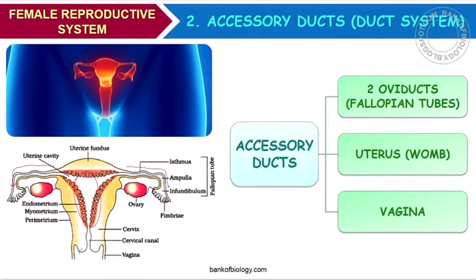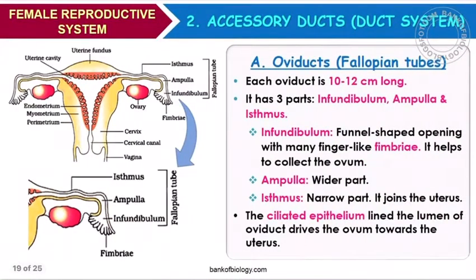Then the uterus, a muscular bag-like structure, and then a tunnel, a muscular canal, called the vagina. Again, you need to practice these diagrams, the vertical section of the female reproductive system, label each part and try to understand the significance of each label.